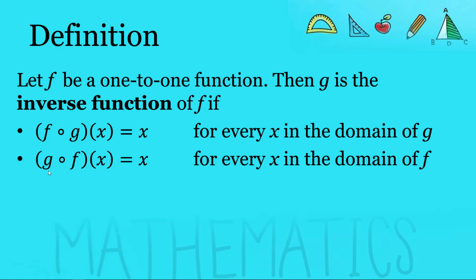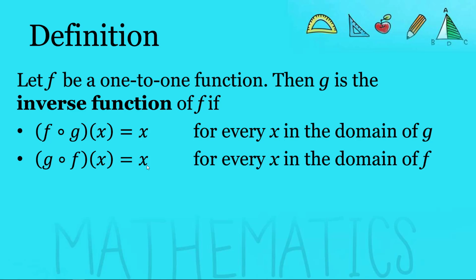And also the same is true: the composition of g and f will give you x for every x in the domain of f. Remember, when it's written like this, we're applying f first. So the domain of this composition is going to be the domain of f, and then the output is going to be in the range of g, which, by the way, happens to be equal to the domain of f.